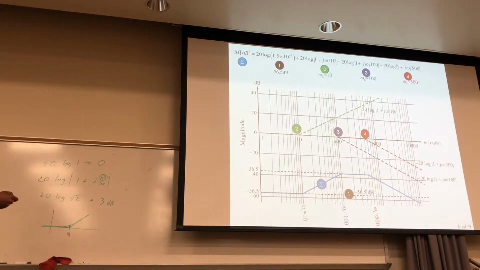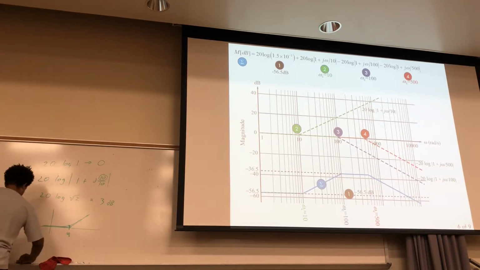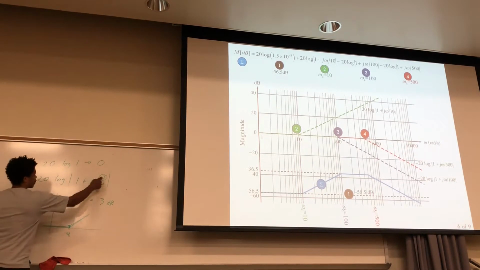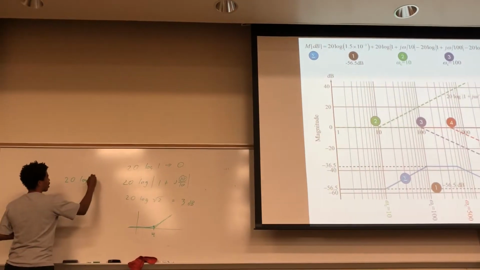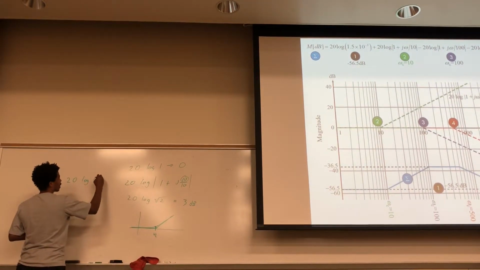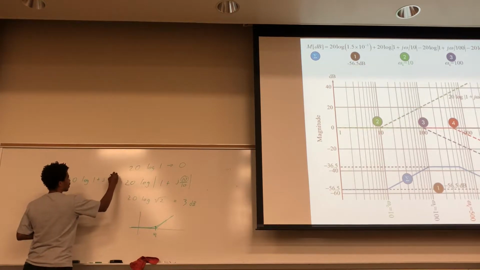And remember, it dominates per decade, so every decade is like an order of 10 larger. So for example, at the next decade, where omega goes to 100, you have 20 log 1 plus j 100 over 10. Right?